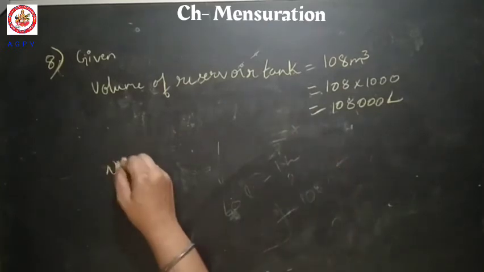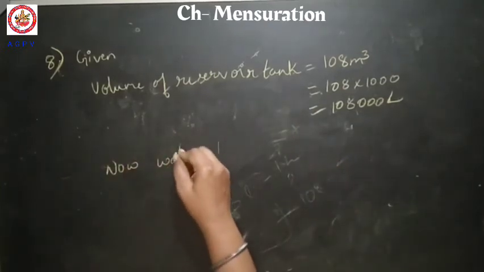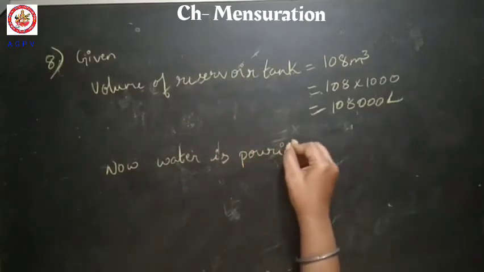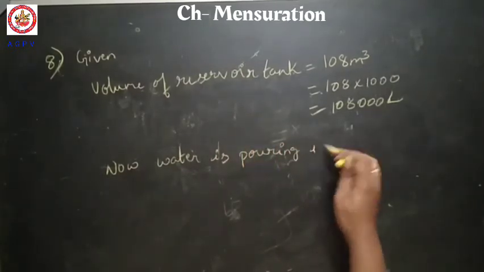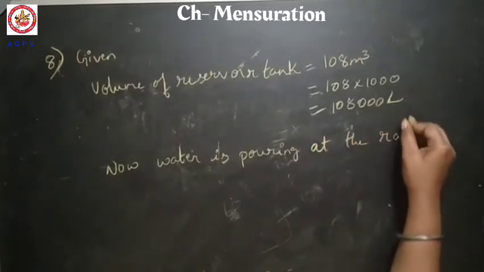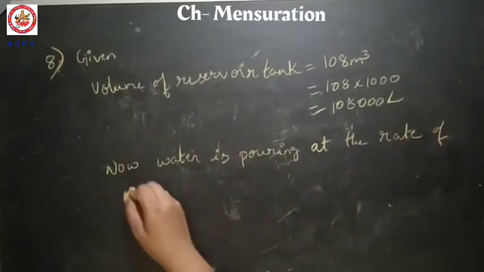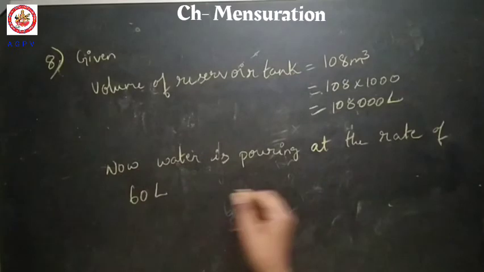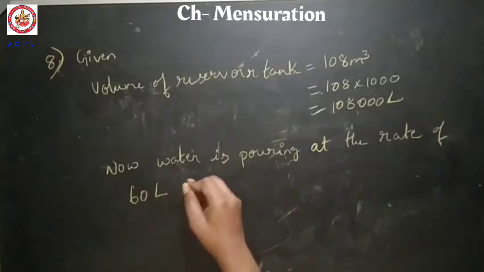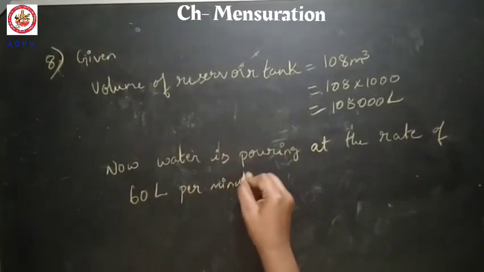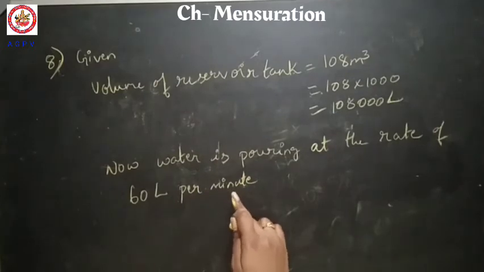So now water is pouring at the rate of 60 liters per minute. Sorry, I said it is hour. It is 60 liters per minute it is pouring. 1 minute it is pouring 60 liters. Okay, if you need to convert the minutes into hours, what do we have to do?